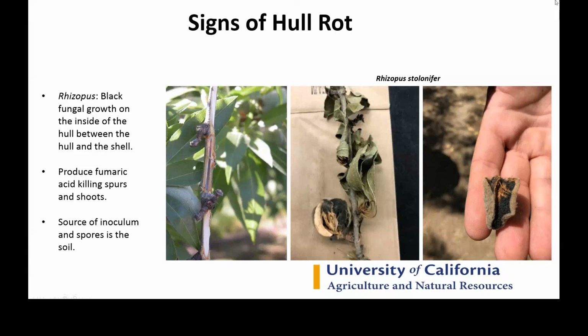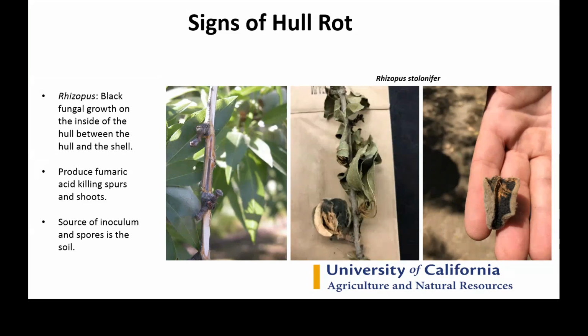You can see that, in this twig, one of those two fruits got the Rhizopus, and the fumaric acid was moving in that direction all the way, and it reached this point. So the source of inoculum for this pathogen is totally different compared to Monilinia.